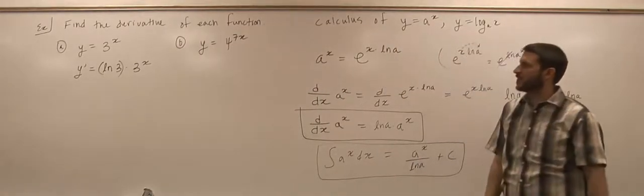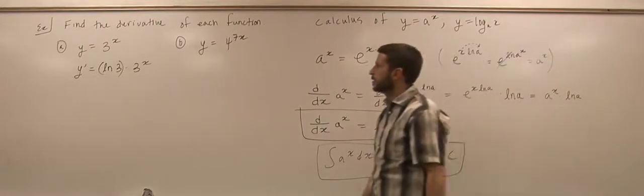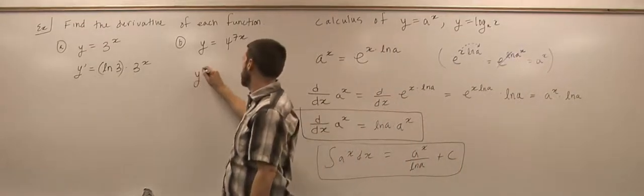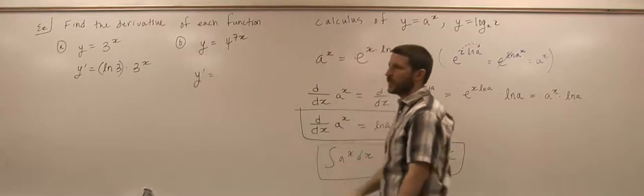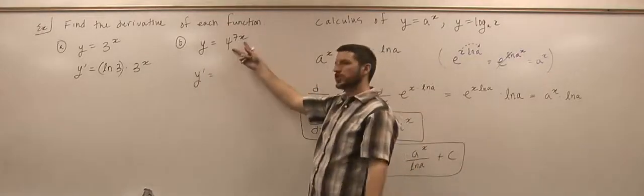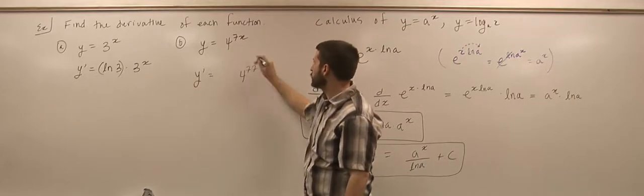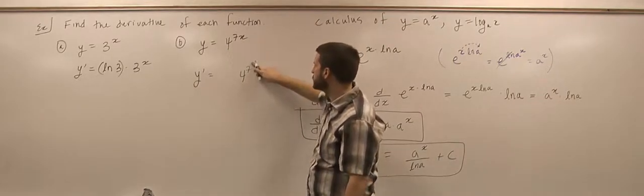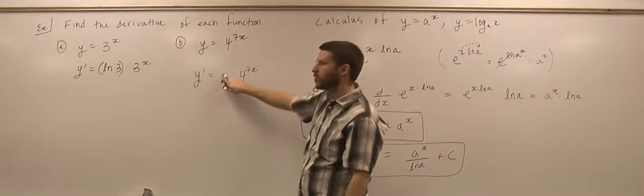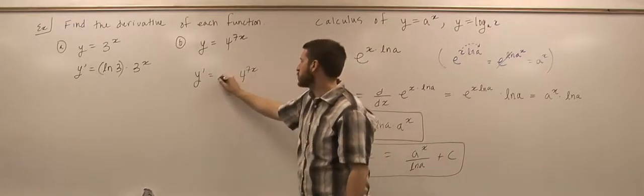Derivative of 4 to the 7x. Couple things to watch out for here. The derivative of an exponential function is almost the same thing. So the derivative of 4 to the 7x is almost 4 to the 7x, but you need a natural log out front. So you put natural log of 4.